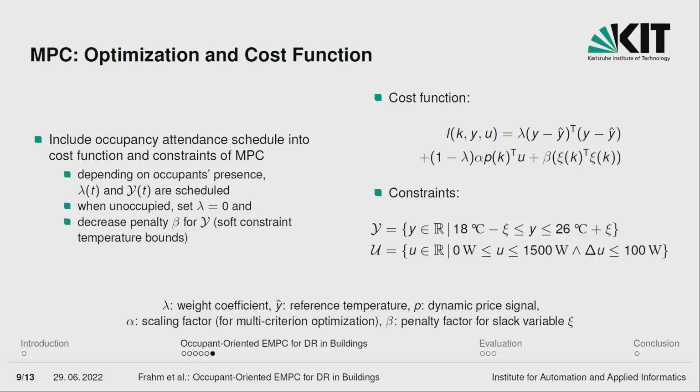So whenever the building is unoccupied, we set the lambda value to 0. Then we can maximize demand response and minimize occupant's thermal satisfaction because no occupant is inside the building. And additionally, we decrease the penalty beta for the soft-constrained temperature.